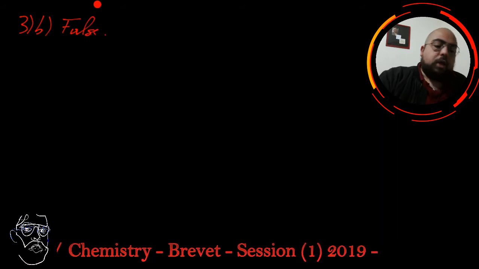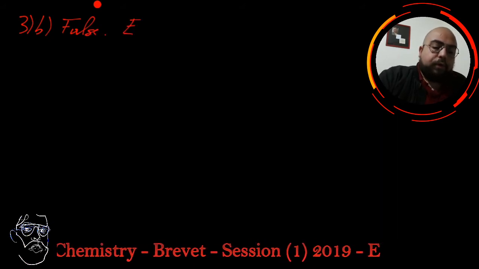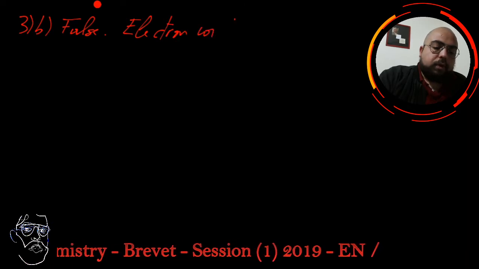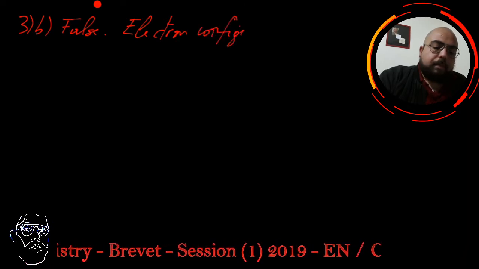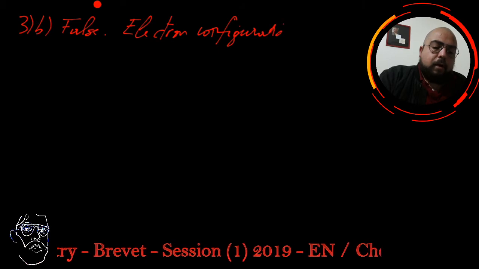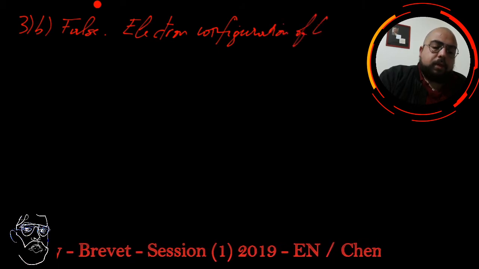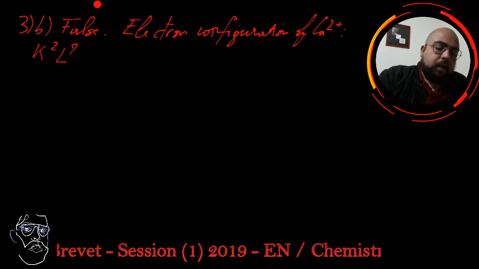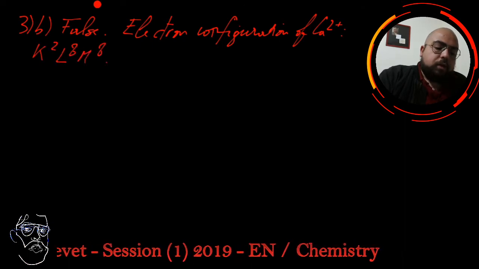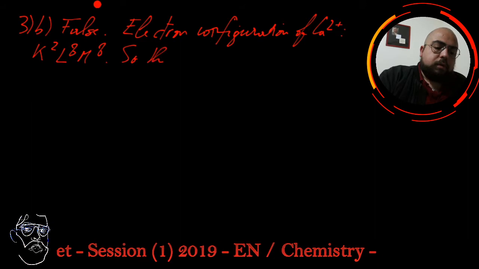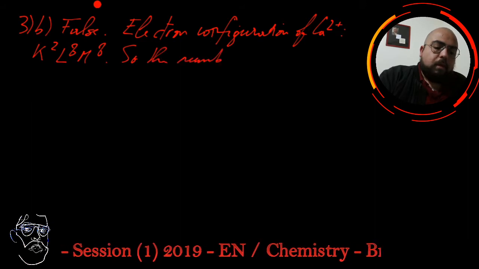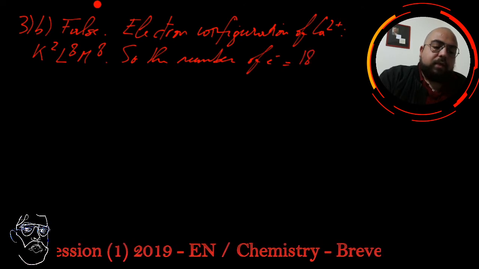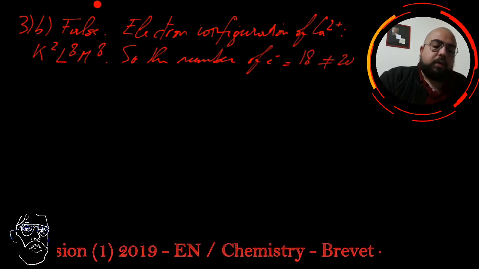In this case, you have electron configuration of Ca2+ is K2L8M8. So the number of electrons will be equal to 18, which is different than 20.